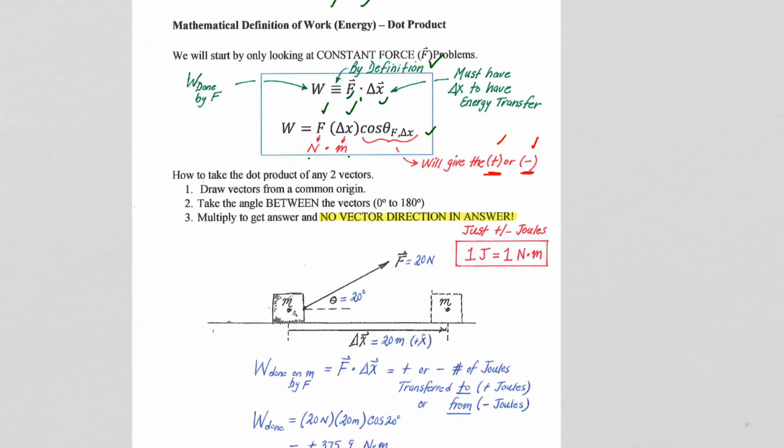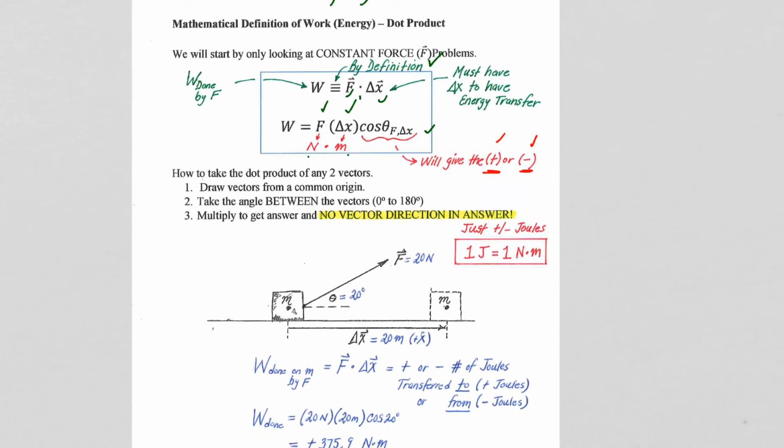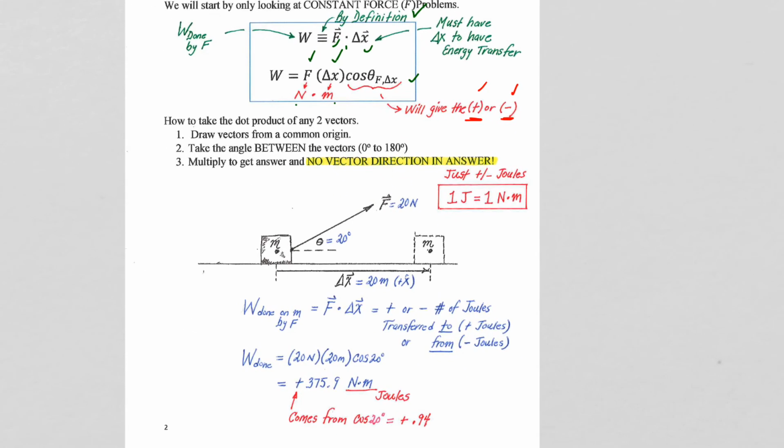I have a simple example here of one force acting on an object as it moves to the right a distance of 20 meters. We have a 20 newton force acting at an angle of 20 degrees, and this is just an example with no physical significance. We'll calculate the energy transfer using our definition.